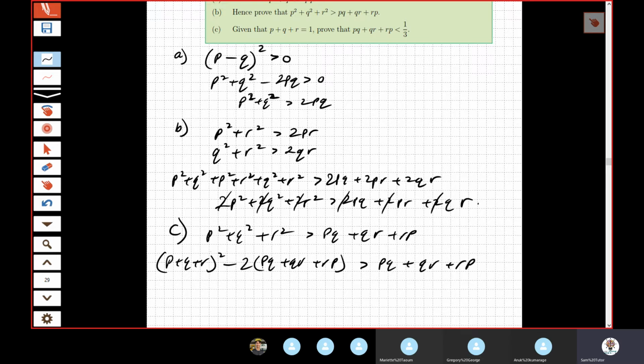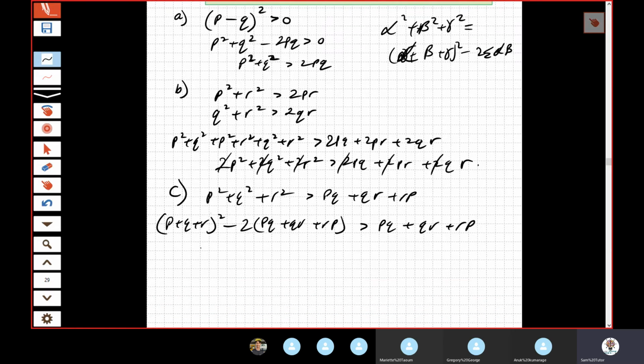Do you guys remember that rule? Alpha squared, just write it. This one here is equal to alpha plus beta plus gamma all squared minus 2 times the sum of roots 2 at a time.